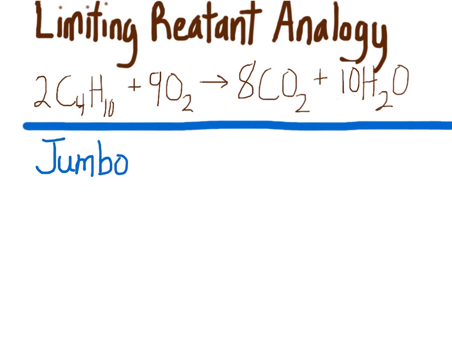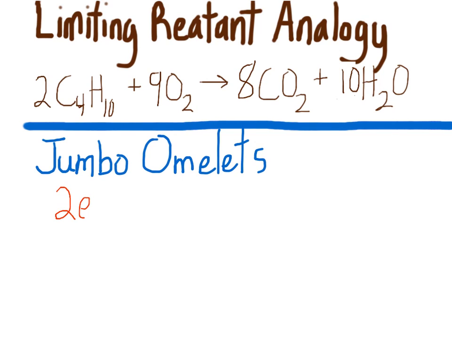jumbo omelets. Say you wanted to make some jumbo omelets. If you didn't know how to make them, you would go and look at a recipe, open up the book, and see that to make one jumbo omelet, you would have to take 2 eggs and 3 cheese.